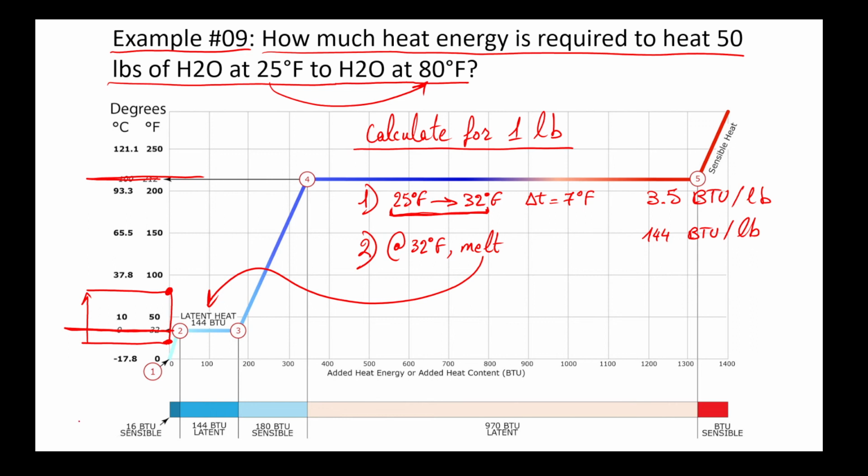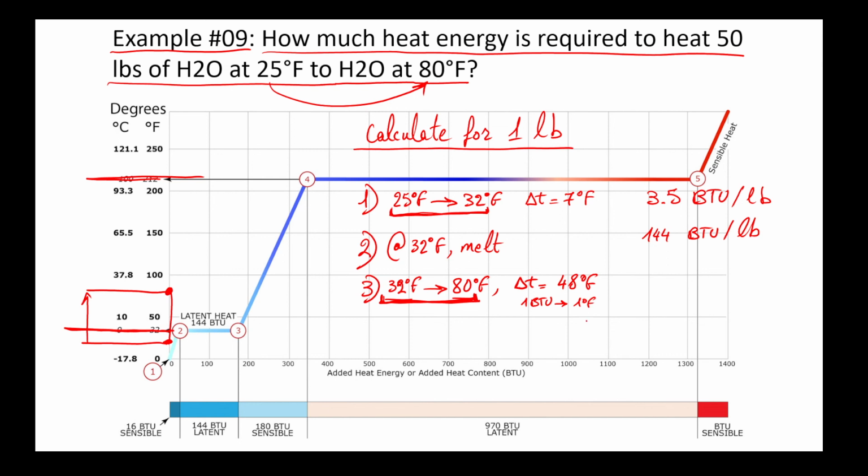In the third stage, you go from 32 degrees Fahrenheit to 80 degrees Fahrenheit. That is also a delta T of 48 degrees Fahrenheit, since 80 minus 32 is 48. And I know in this range it is water. For water we need 1 BTU for every 1 degree Fahrenheit change.